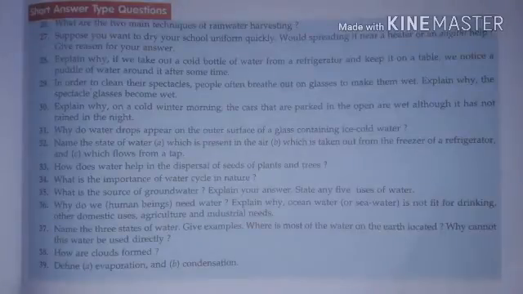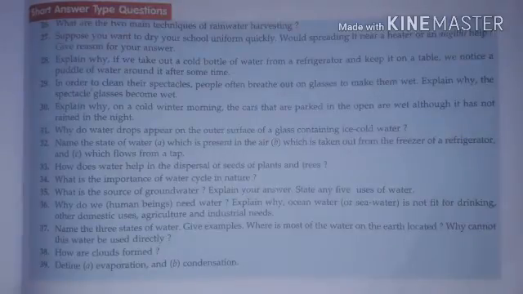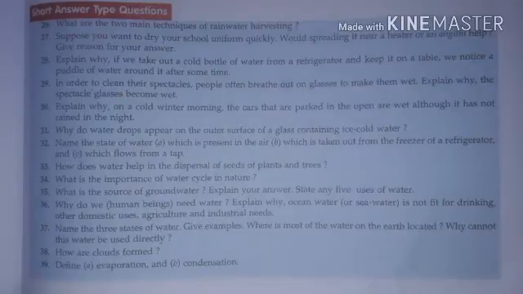Actually, when rainfall occurs, the water falls on the ground, seeps into the soil particles, and recharges the groundwater level. We use water for washing clothes, for drinking, agriculture and industrial purposes, and for the preparation of goods.